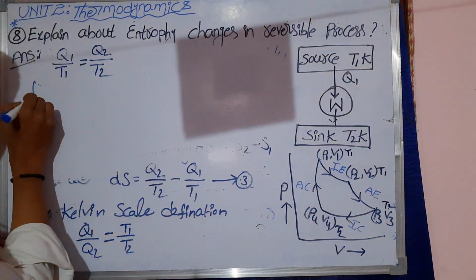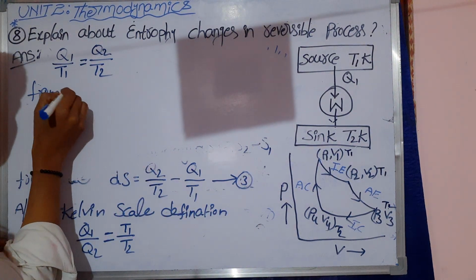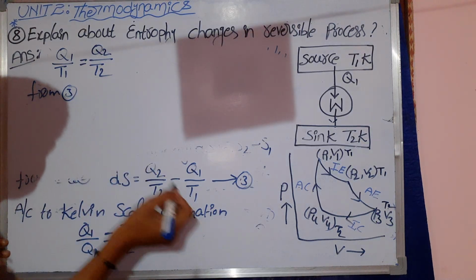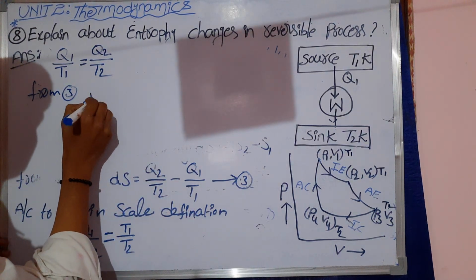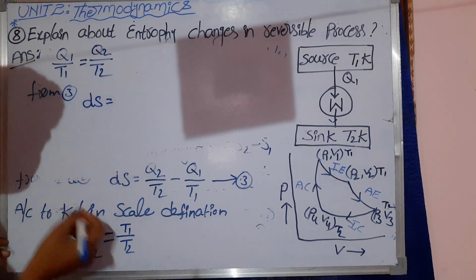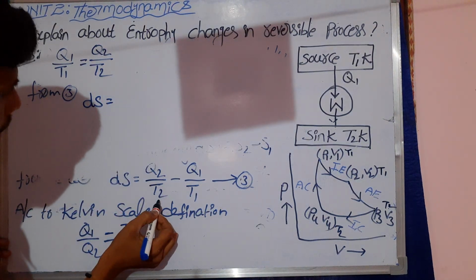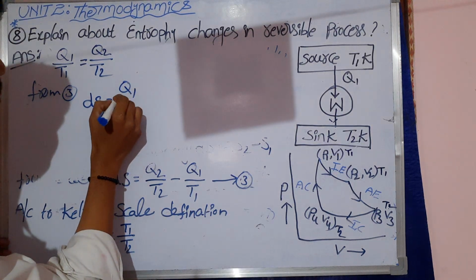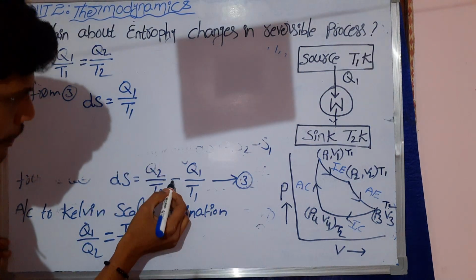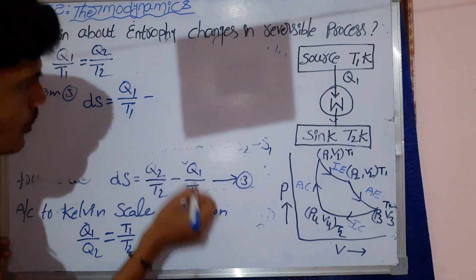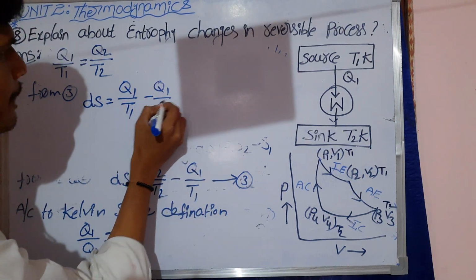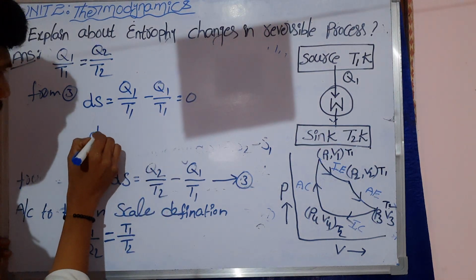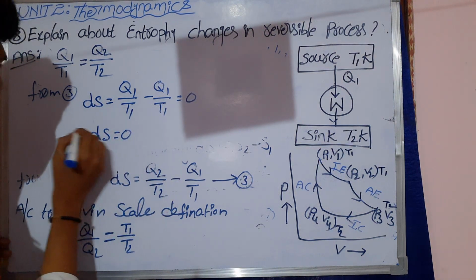This value is substituted in equation number 3. So dS equals Q2 by T2 minus Q1 by T1, and that equals 0.